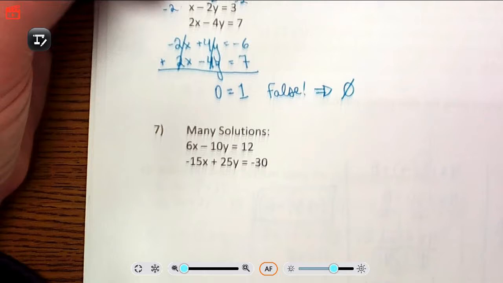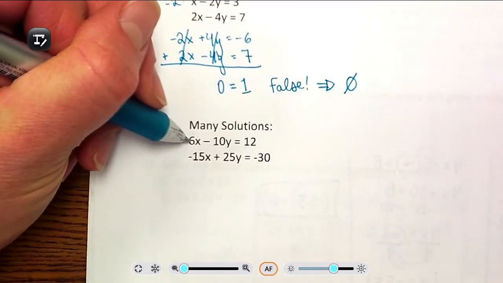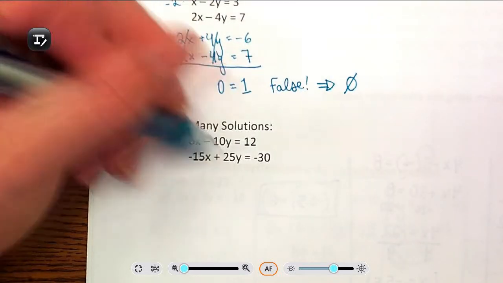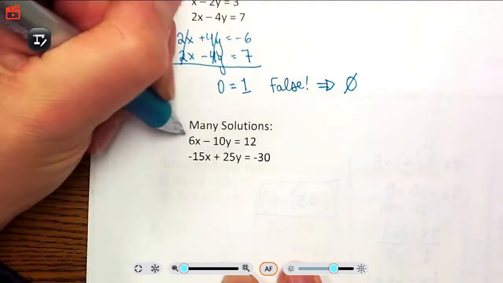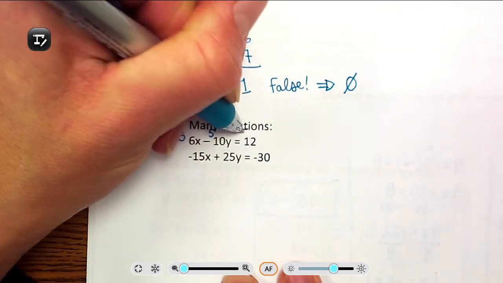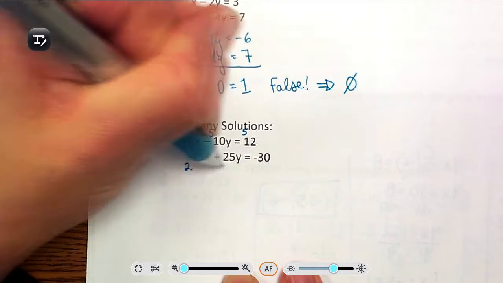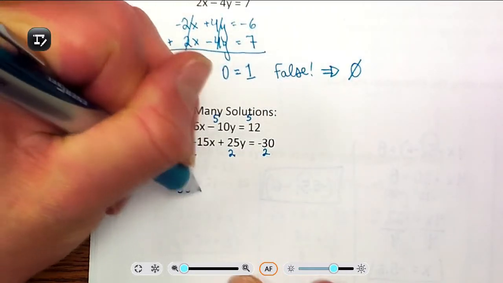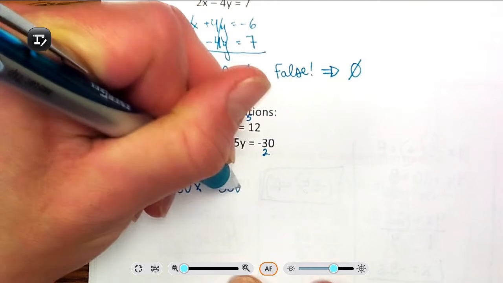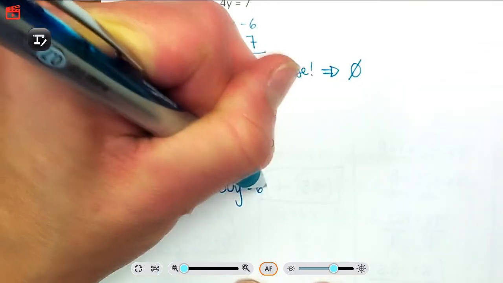So here we are with that scenario. 6 and 15 and 10 and 25. 6 and 15 can be the same value when they're 30. So I'm going to times everything by 5. And 15 needs to be multiplied by 2 to be a 30. 6 times 5 is 30x minus 50y equals 60.